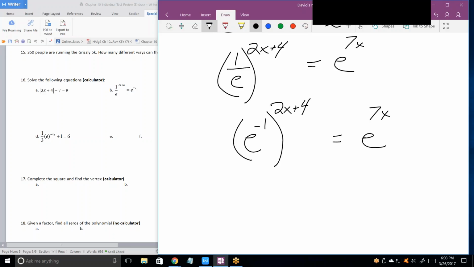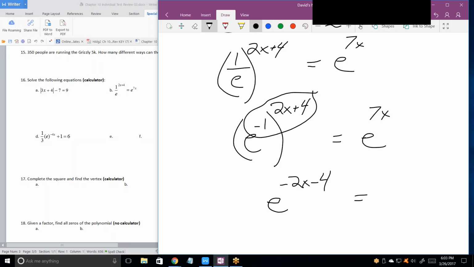Negative 2x minus 4. Hold on. E, don't ever forget the base. The base moves forward. So you have e to whatever exponents those multiply to. So what do you have? E to the negative 2x minus 4. Good.